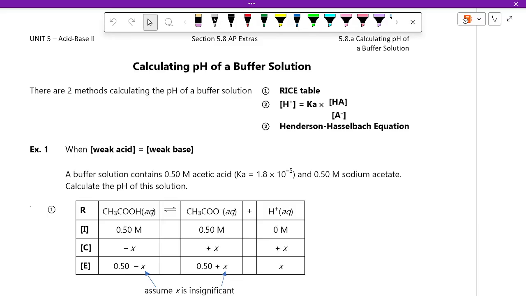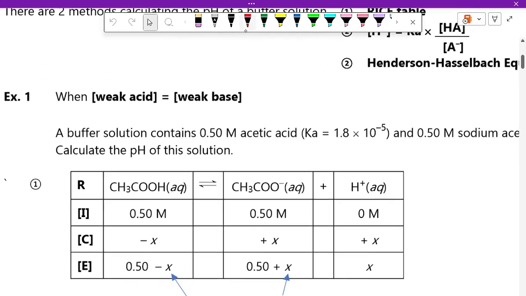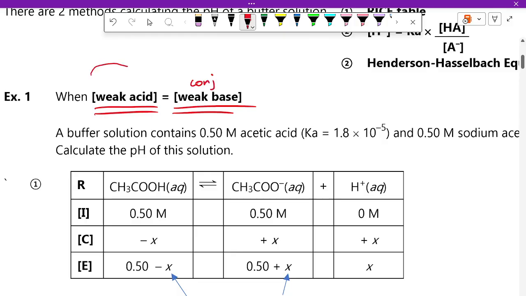So if you want to calculate the pH of a buffer solution, you have an equilibrium of a weak acid and its conjugate weak base. Together, those make a buffer. This is page 1, okay? Page 1.